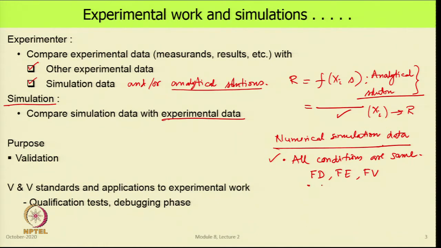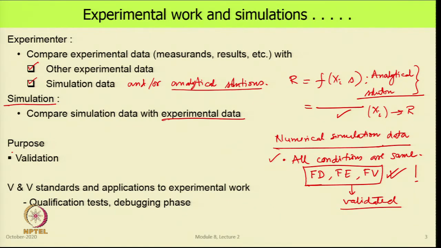We will not of course go into the details here, this is not a course on that, but this has now become a very standard way of looking at problems and getting insights into them. But they are limited in that unless that output is validated against experimental data for similar conditions, these results are of limited use.